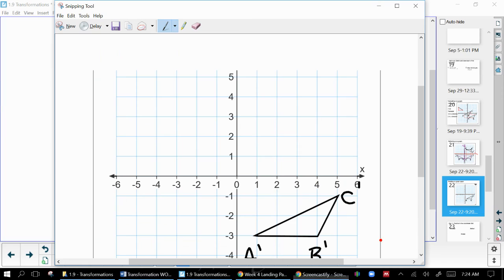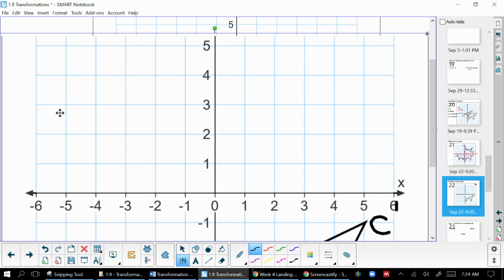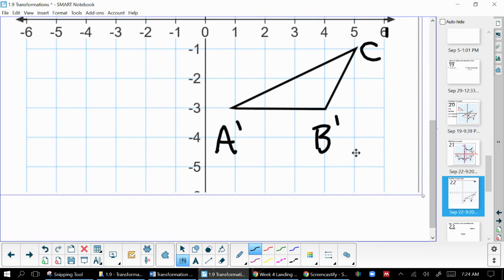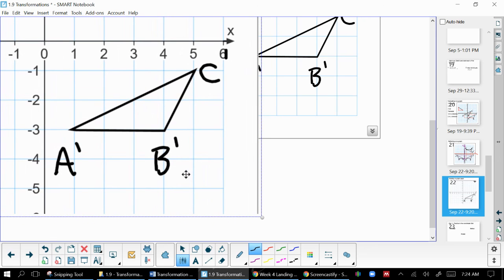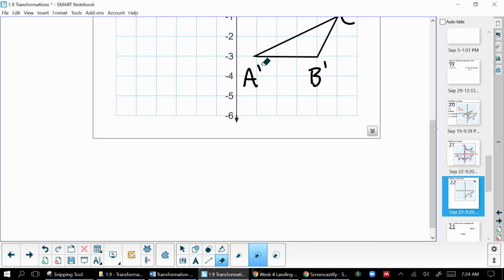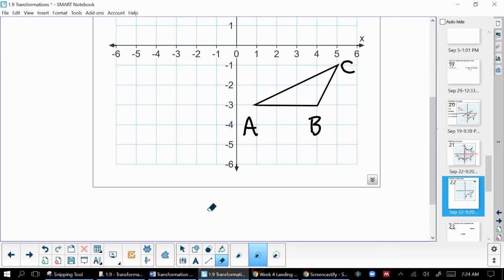And so what I'm going to do is I'm going to take a screenshot of this and just kind of paste it back in. And then we'll shrink it down to try to make it match the size here. Not sure why I wrote the primes in there. Let me redo that. That's not the original. That's not the new one. That's the original.